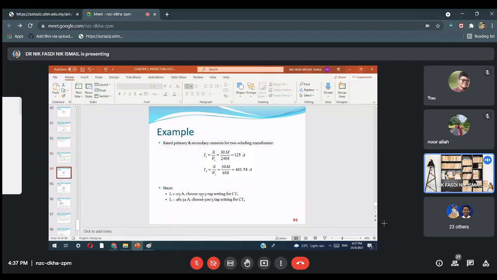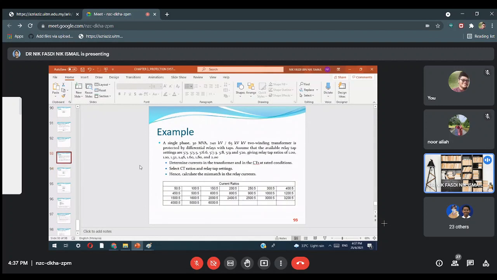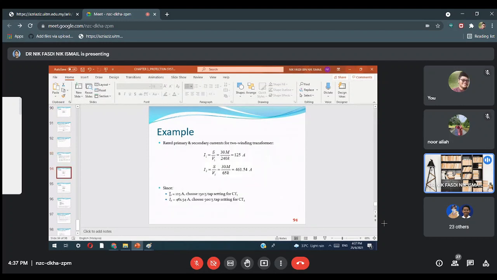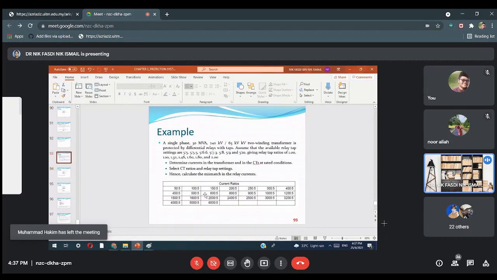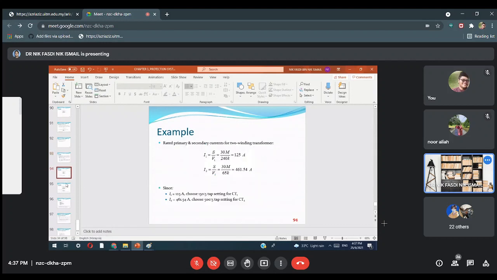So we choose 150 over 5 as the current ratio. Second one, we choose 500 over 5 because 500 is greater than 461. Yeah, this is 500 over 5. You have this for CT1 and CT2.